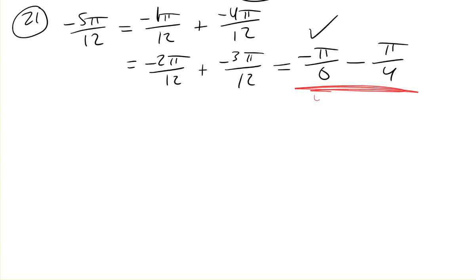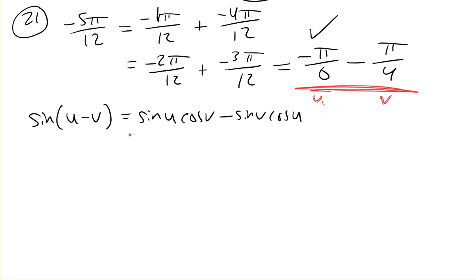Okay, so for all of these, I'm going to call this U and this V. First angle U, second angle V. And the first part of the question, I'm going to do sine. So again, you don't have to memorize the formula, so you're welcome to just look up, and it says sine U cosine V minus sine V cosine U. But then you've got to plug these in.